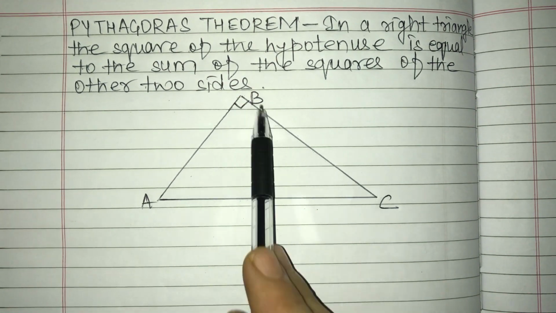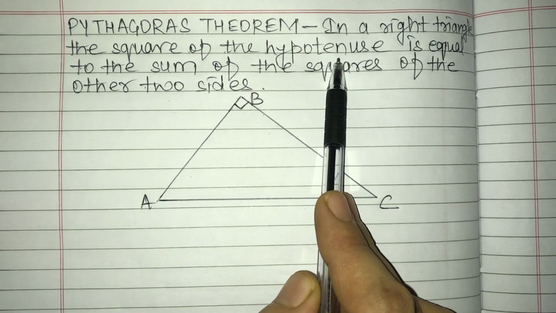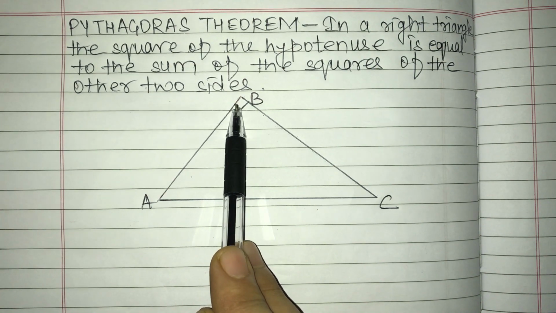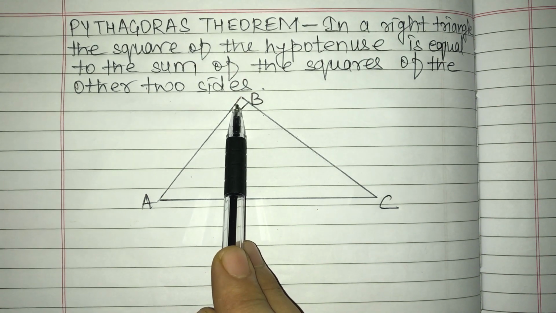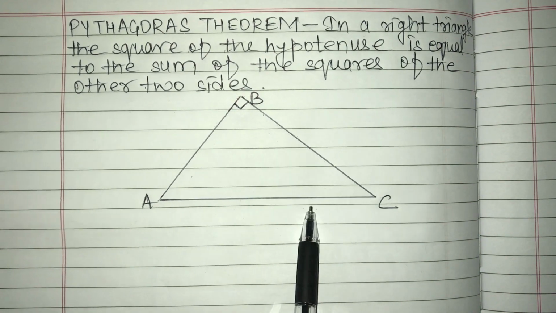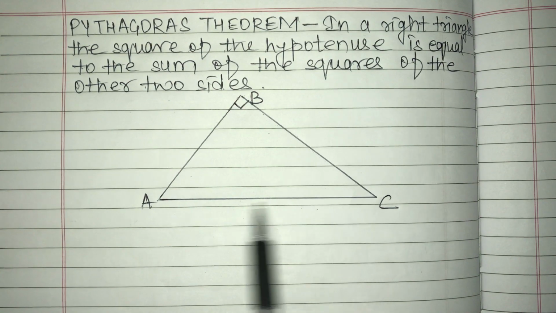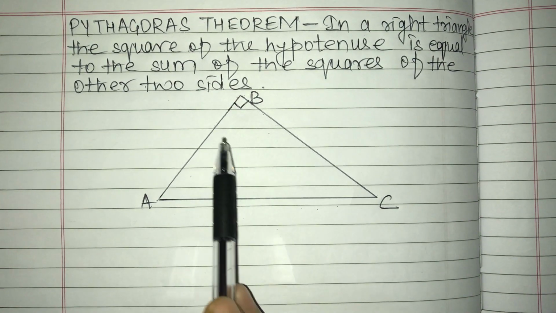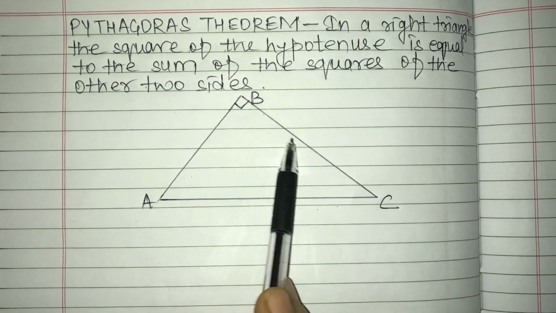In this right triangle, the hypotenuse is the side which is opposite to this right angle. So the side opposite to this right angle B is my side AC. So the theorem says this side's square is equal to the sum of the squares of the other two sides.